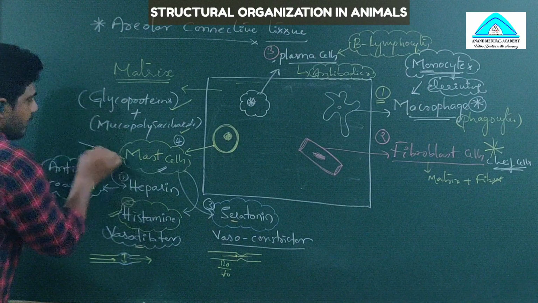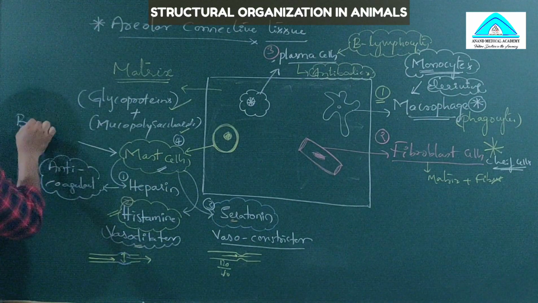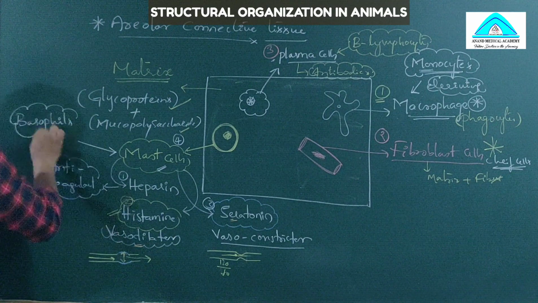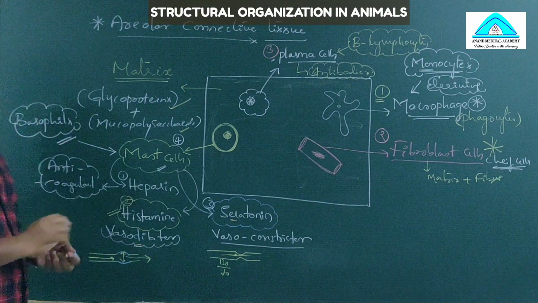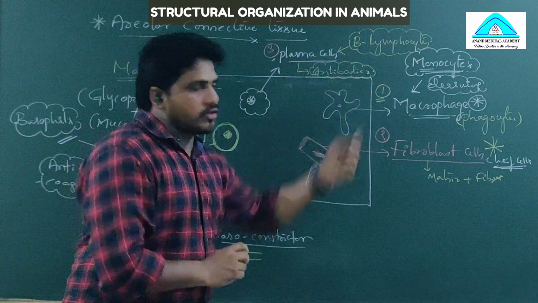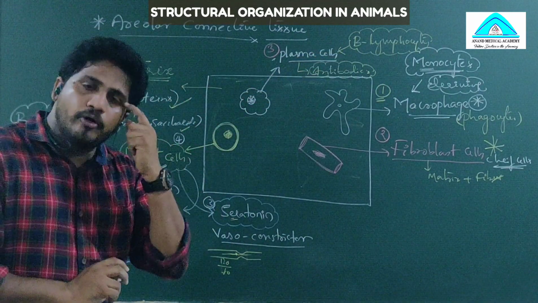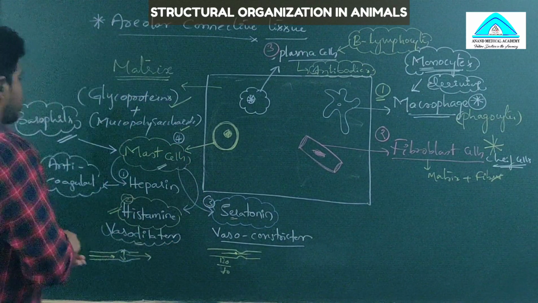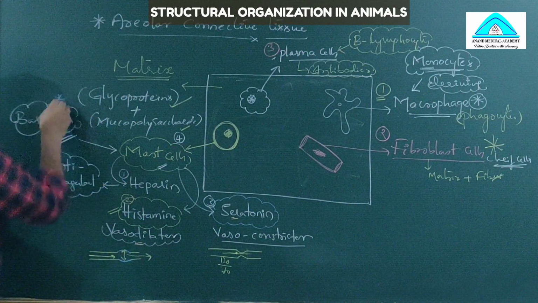These mast cells are derived from basophils. Basophils are also a type of WBC, a granulocyte, whereas lymphocytes and monocytes are agranulocytes. I hope you have studied this part in 9th and 10th standard. Okay, not an issue. So mast cells are derived from basophils.